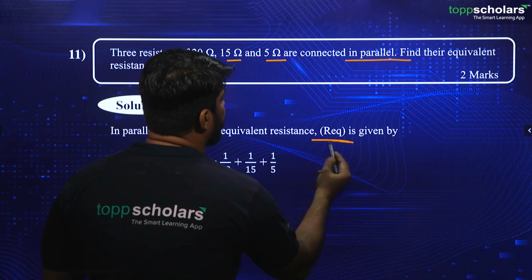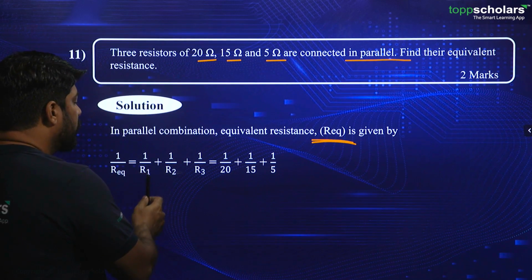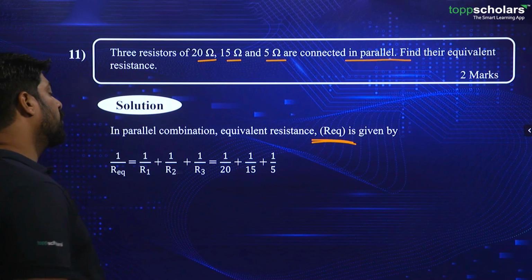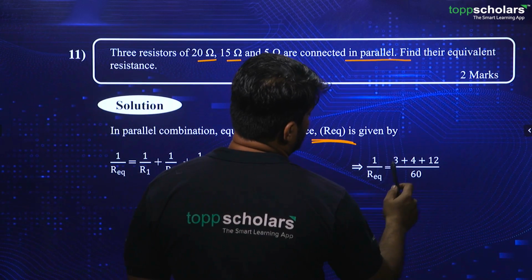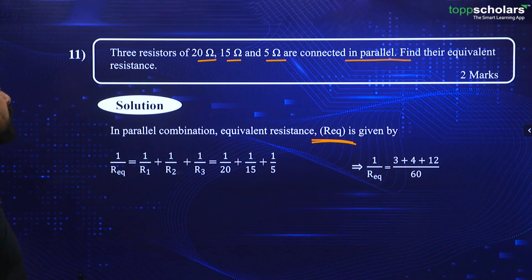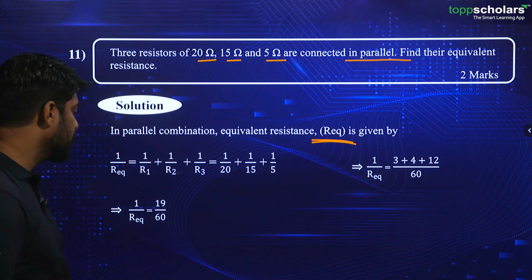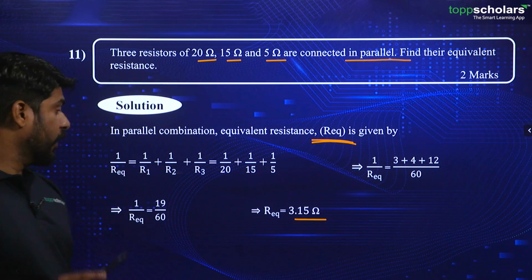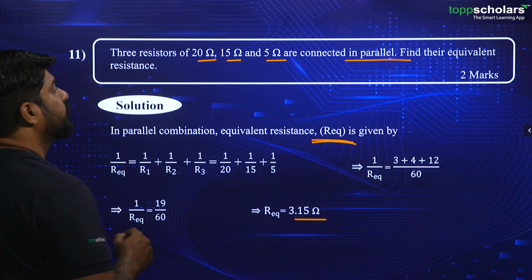So let R equivalent be their equivalent resistance. 1 upon R equivalent is equal to 1 upon R1 plus 1 upon R2 plus 1 upon R3, and if you put all the numbers, finally what we get is 1 upon R equivalent is 3 plus 4 plus 12 upon 60. After we solve this, what we get is 19 upon 60, and if we calculate this, it is 3.15. So this is going to be the answer for this particular question.